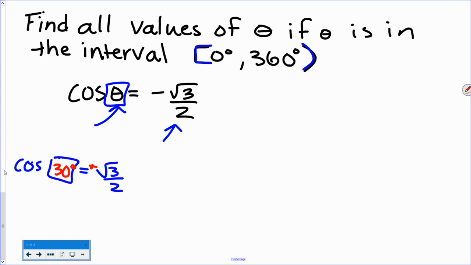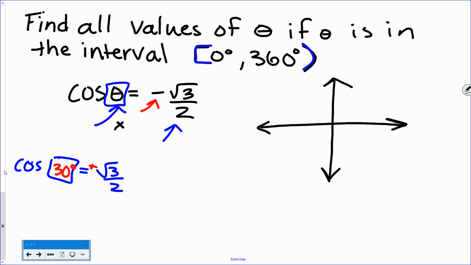30 degrees is the reference angle from the x-axis wherever cosine is negative. So we have to think about the two quadrants where cosine is negative. Cosine uses x over r, so I need the two quadrants where my x values are negative: quadrants 2 and 3.